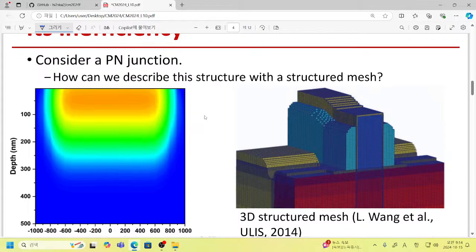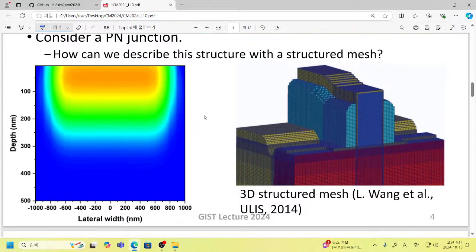So consider a PN junction shown on this left side. This color map shows just log10 of our doping density. Of course, this relatively red part, can you see the red color clearly?